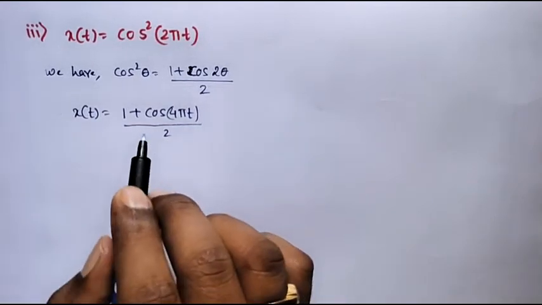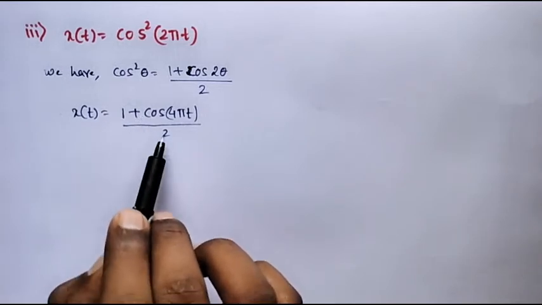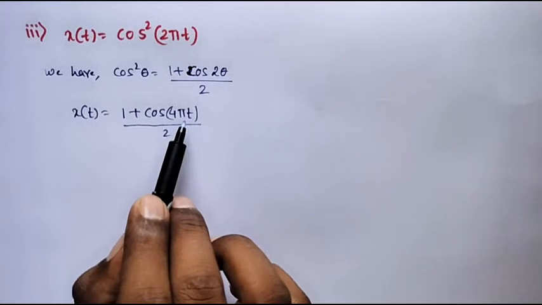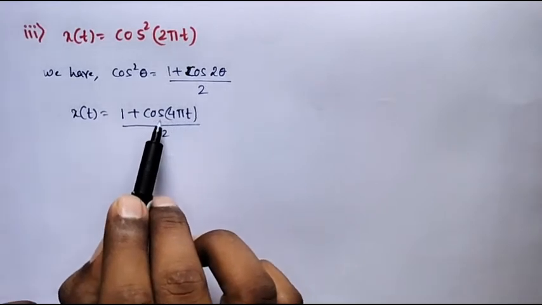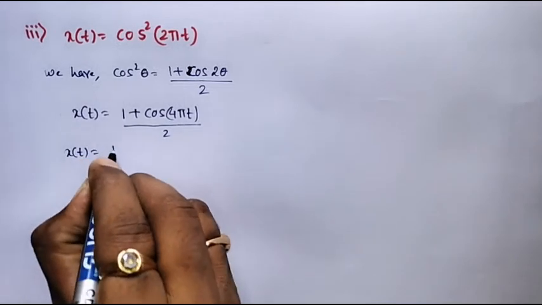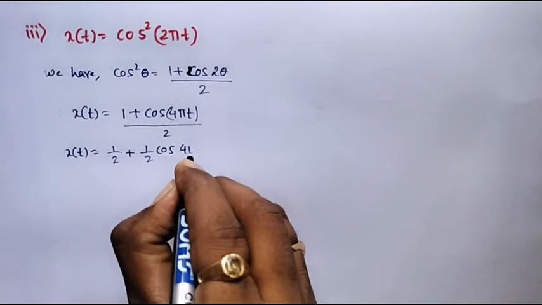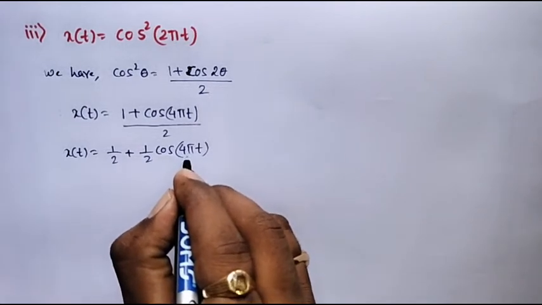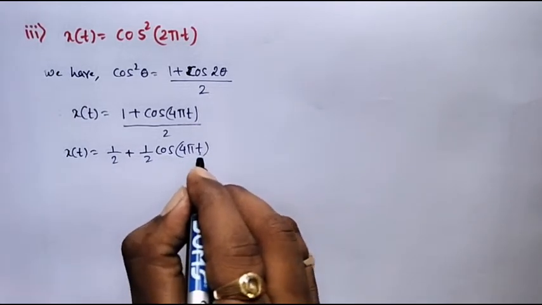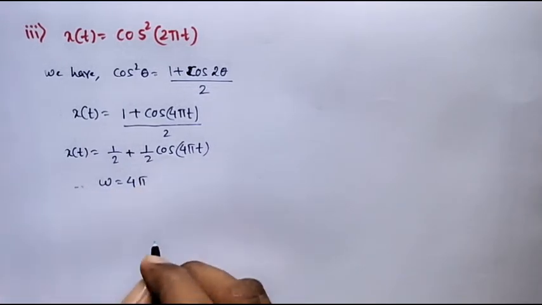So here we can observe 1 by 2 is a constant. Next we have 1 by 2 cos 4 pi t. We have to consider only the cos 4 pi t term, or I can write x of t is equal to 1 by 2 plus 1 by 2 cos 4 pi t. Here we can observe the form cos omega t, therefore omega is equal to 4 pi.